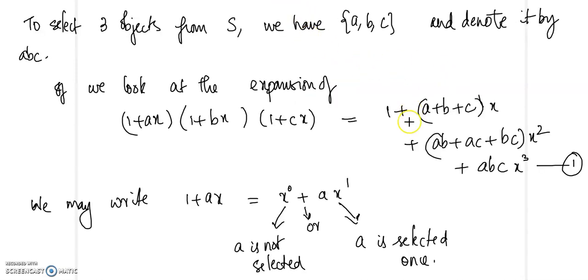So therefore these corresponding coefficients a plus b plus c, and ab plus ac plus bc, and abc, show all the possible selections.